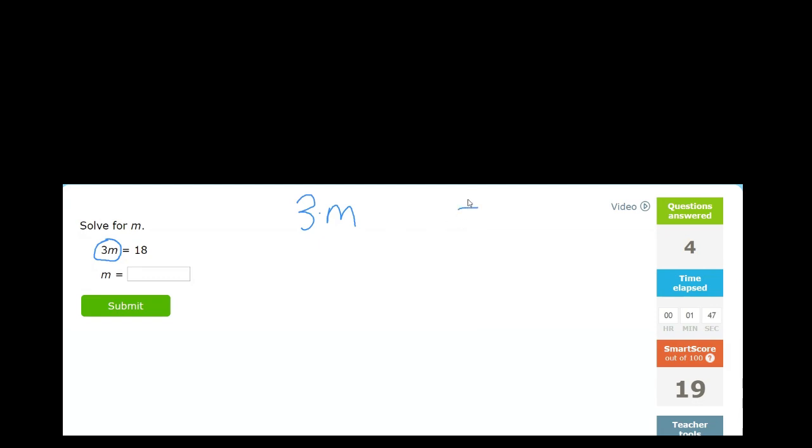Well, it's division. Okay. What are we doing to the m? We're multiplying by 3. What is the opposite of multiplying by 3? Well, it's dividing by 3. So we are going to divide both sides by 3.